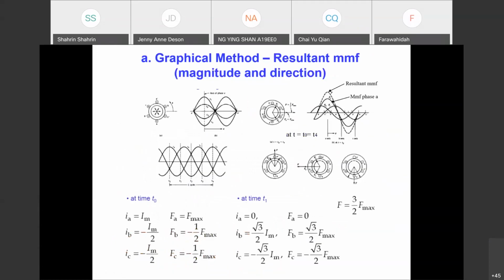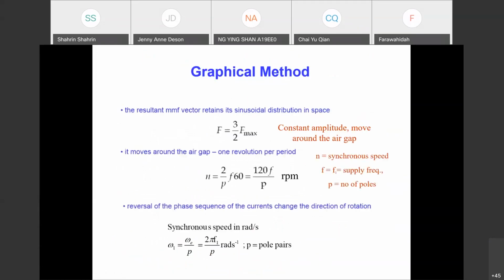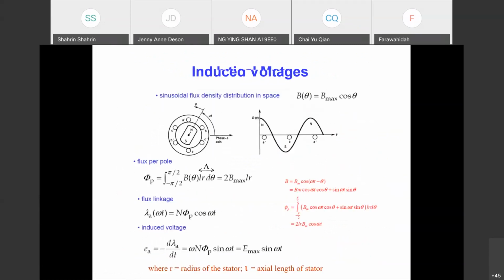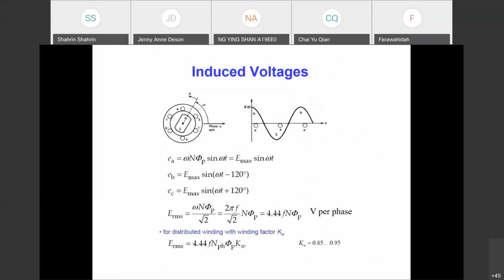When there is a rotation, there will be a voltage induced at the air gap, and this induced voltage can be calculated.